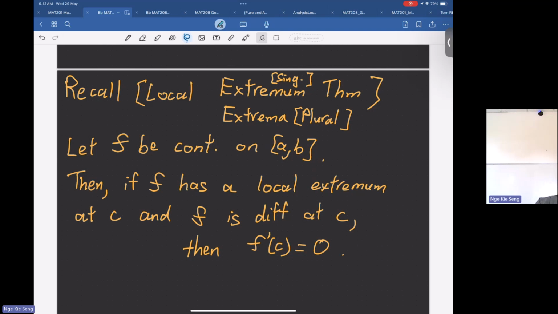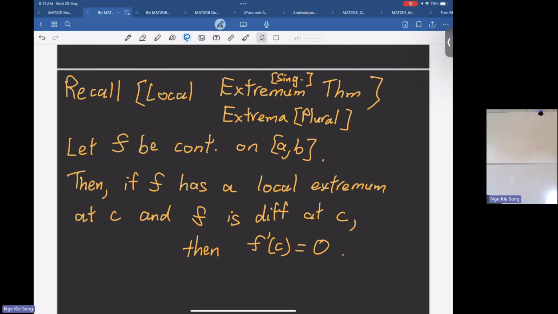But is it possible to have a local maximum at c, but it is not differentiable there? Can you think of a case that is not differentiable at c, but still has a local extremum there? This is a bit like our question 1 in the exam.